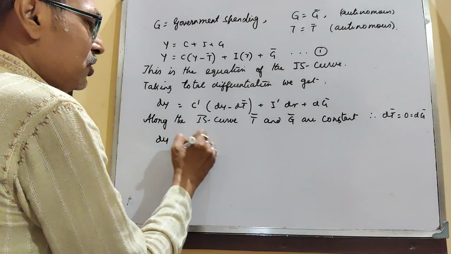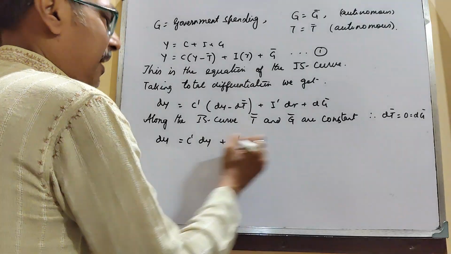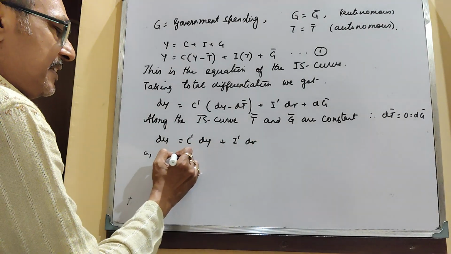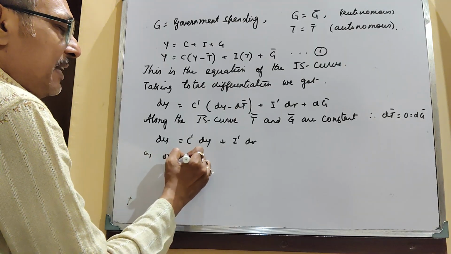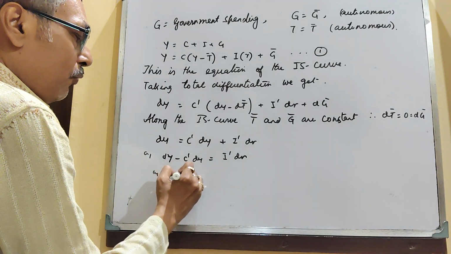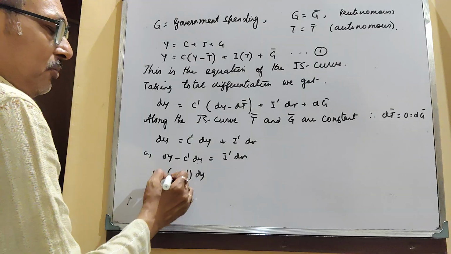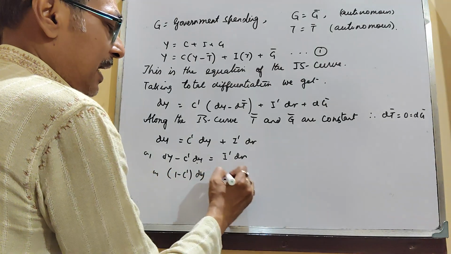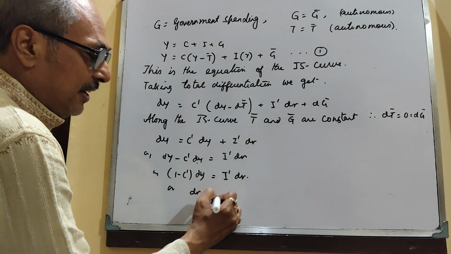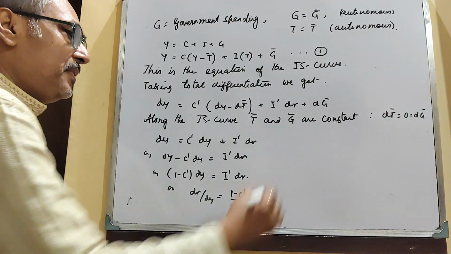Now, dY equals C prime dY plus I prime dr. Taking C prime dY on the left-hand side, that is dY minus C prime dY equals I prime dr, or (1 minus C prime) dY, taking dY common, equals I prime dr. Now dr/dY equals (1 minus C prime) by I prime.